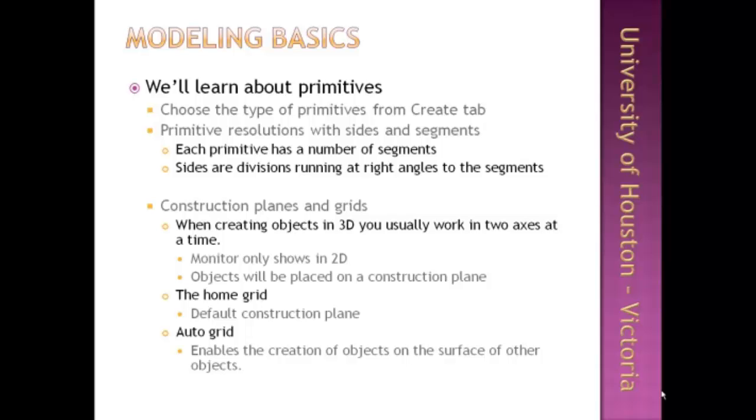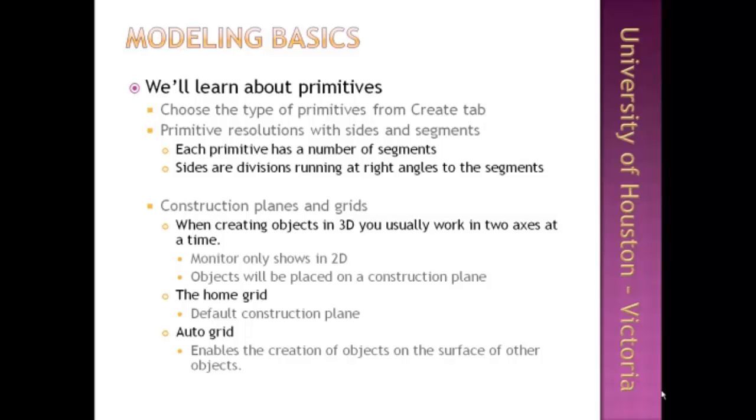So sometimes when you increase the number of sides and segments after a certain value, the difference in visual resolution wouldn't be worth the amount of processing that you would impose on your GPU.